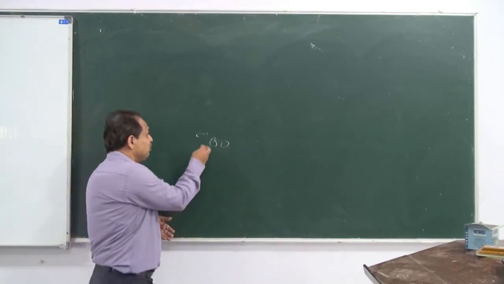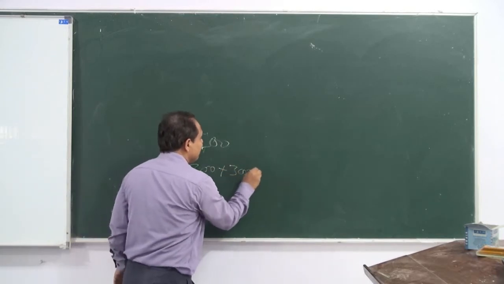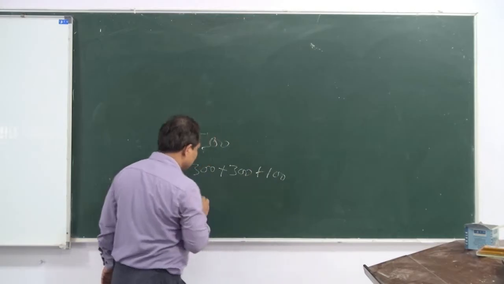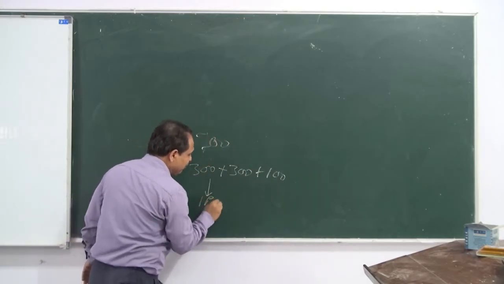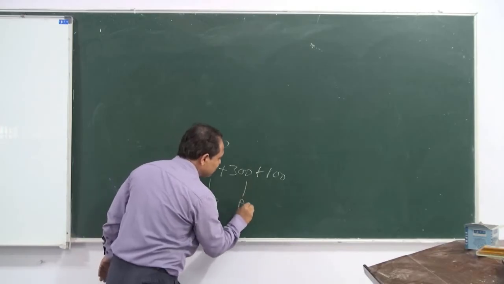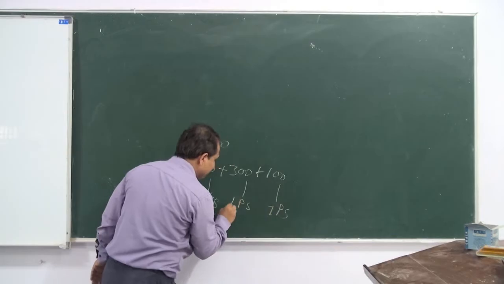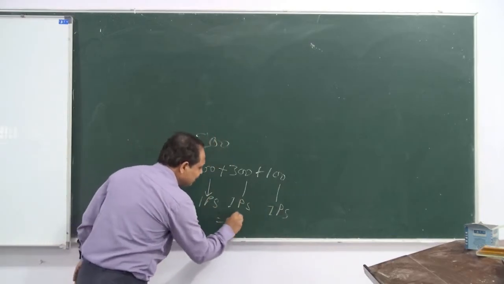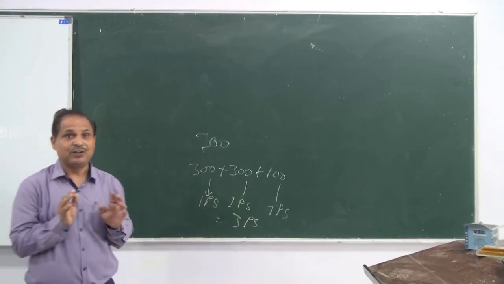So we can have 300 plus 300 plus 100, so one primary sample from each, which means 3 primary samples will be taken from the 700 kg seed lot.